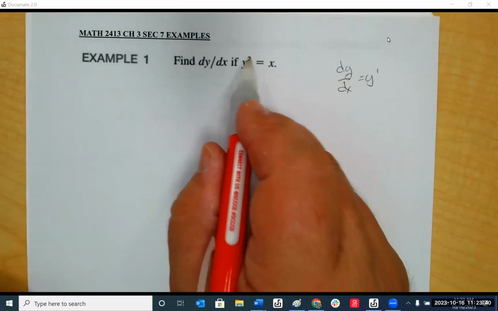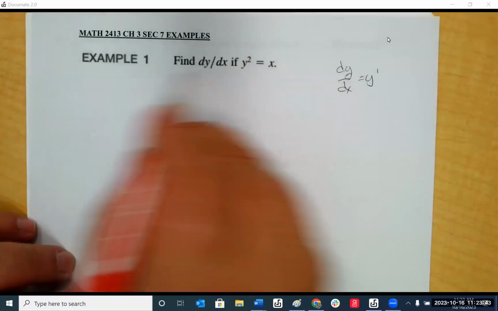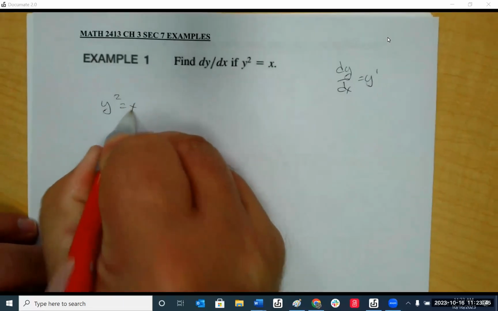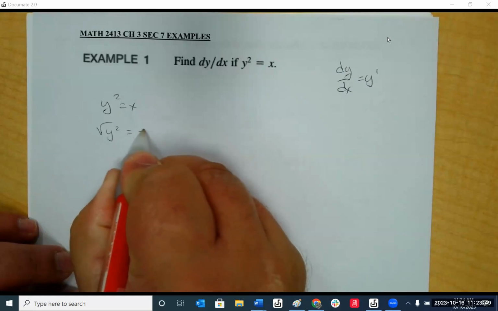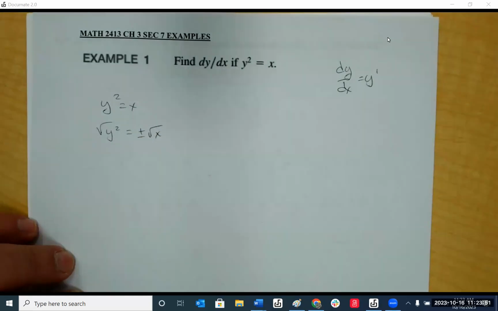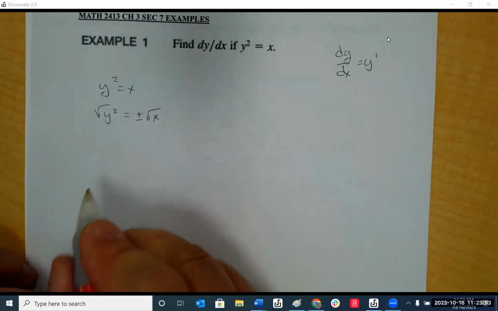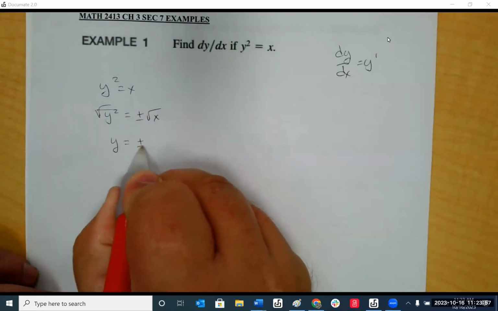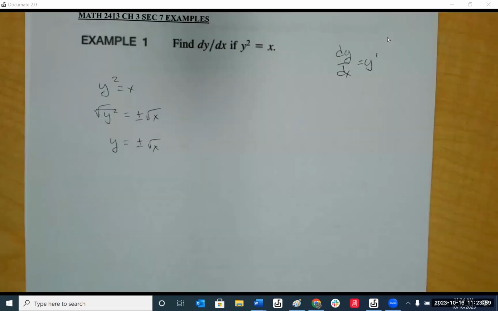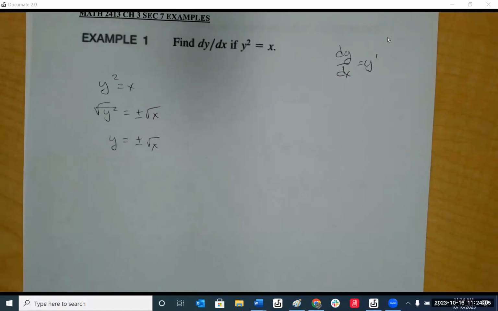In the past, what we would do is take the square root of both sides. So y would equal plus or minus the square root of x. But that doesn't do us too much good, because what is that graph going to look like?